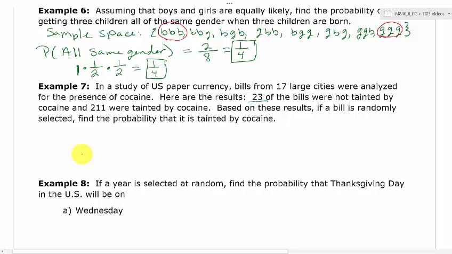In our next example, a study of U.S. paper currency, bills from 17 large cities were analyzed for their presence of cocaine. Here are the results. 23 of the bills were not tainted by cocaine, and 211 were tainted by cocaine. Based on these results, if a bill is randomly selected, find the probability that it is tainted by cocaine.